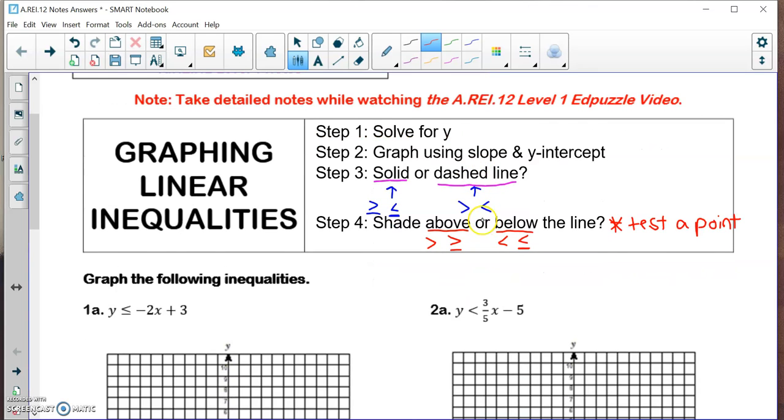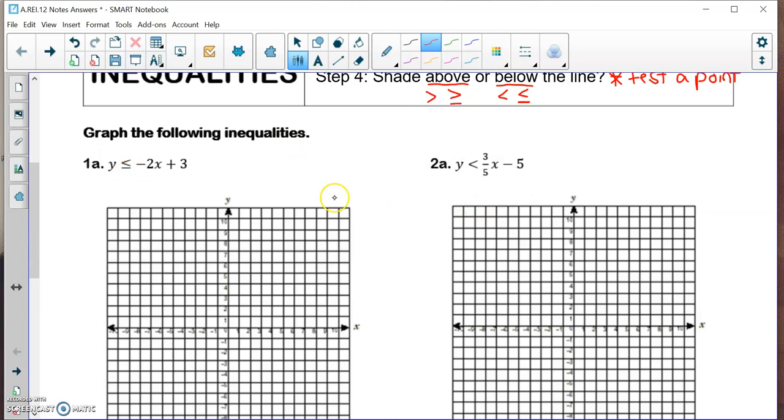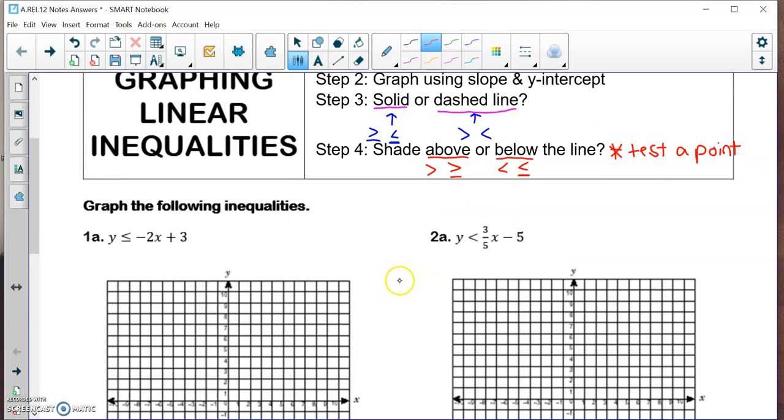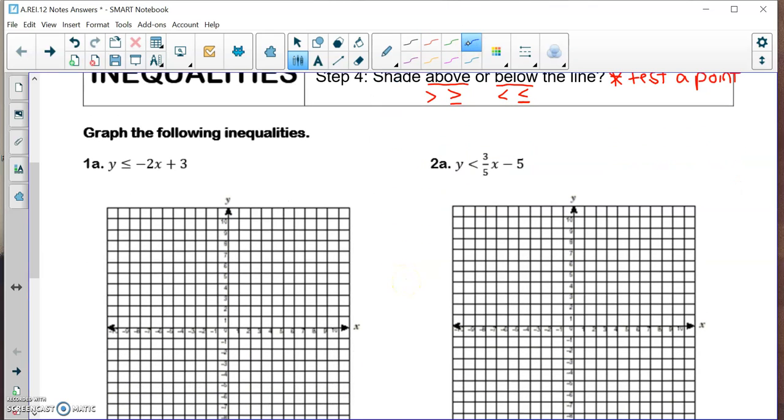So let's get started. Numbers 1 and 2 are already in slope-intercept form, so we do not need to solve for y. What we're going to do with number 1 is graph using the y-intercept and the slope. My y-intercept is 3, so I plot a point there. And my slope is -2, which means I go down 2 and over 1, or I could have gone up 2 and over -1.